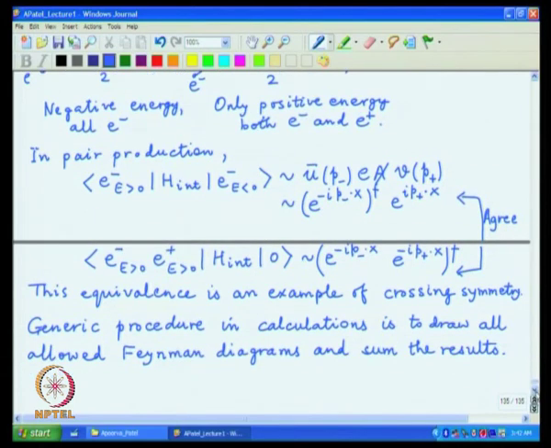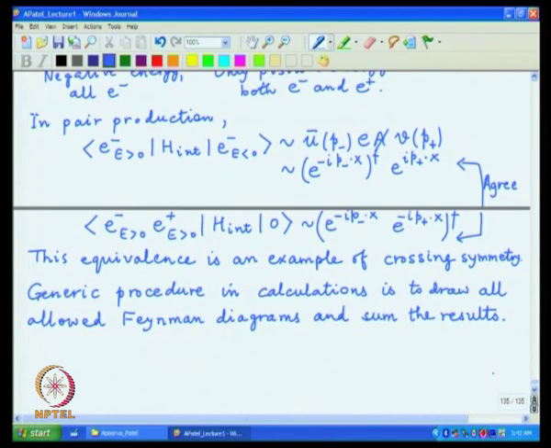This procedure includes summation over both particle and antiparticle modes as well as interactions occurring at different locations in space time.